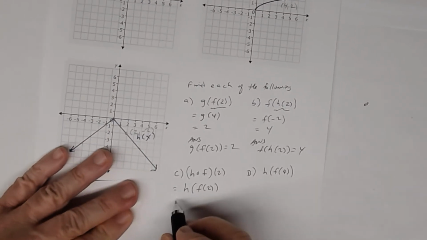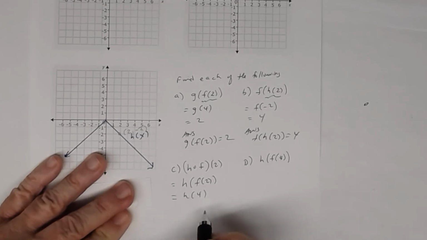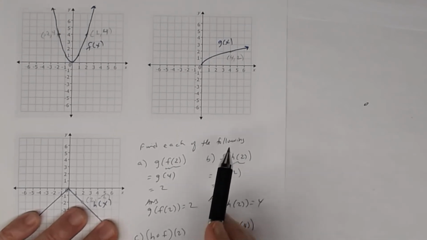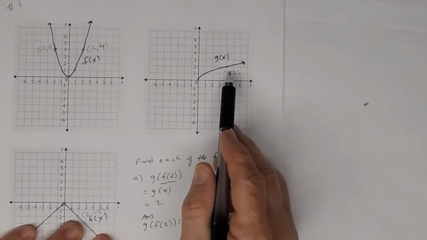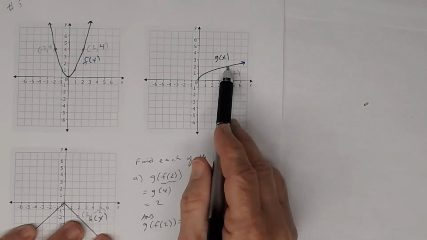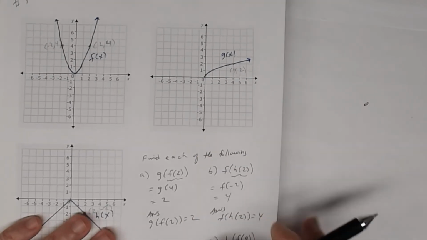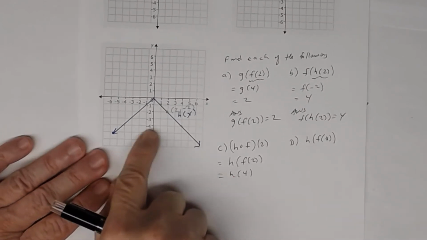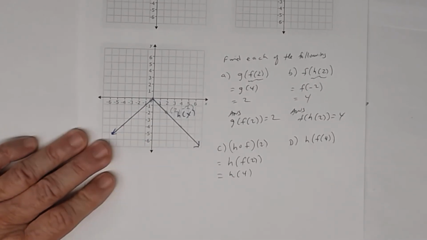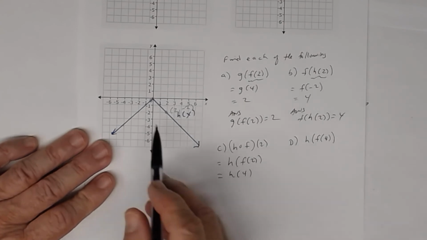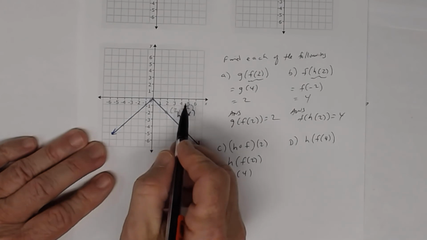So this becomes h of 4. So now I've got to go to my function h, and I've got to find that y value. Well, when x is 4, oops, I'm sorry, I went to the wrong function. That's g of x. So I've got to go to h, excuse me. When x is 4 for your function h, here's 4 right here, right?